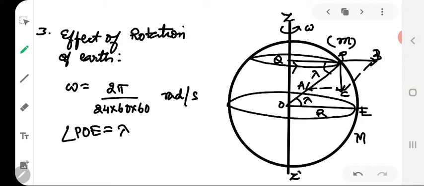Suppose that g is acceleration due to gravity in the absence of rotational motion of the earth. Then the weight mg of the body, which is gravitational pull on the body, would act along PO, as you can see in the picture. Suppose that the weight mg is represented by the vector PA.